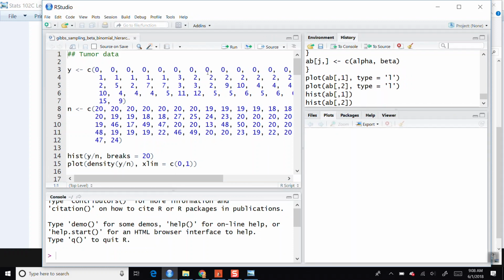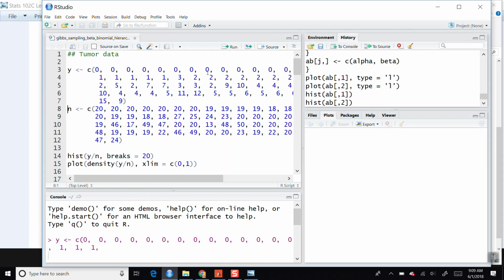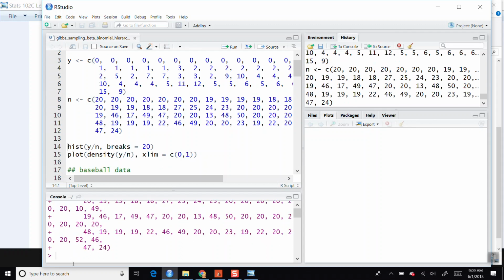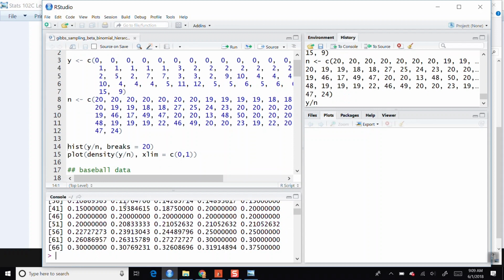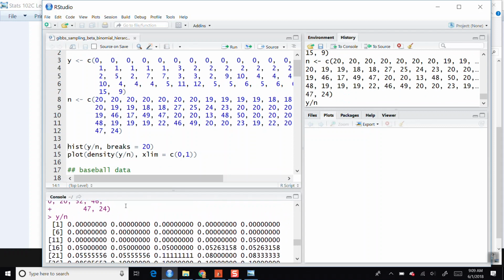Okay, so this is just the tumor data. It's just a bunch of numbers, 70 values. This Y would be how many rats developed tumors, and N is how many rats were in the experiment. In experiment 1, the ratio of tumor development is going to be Y over N, and I think these are just sorted from least to greatest.